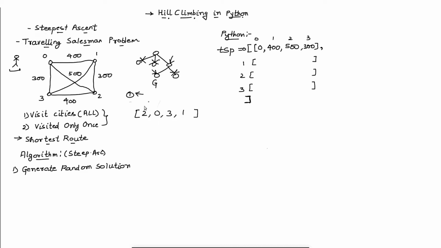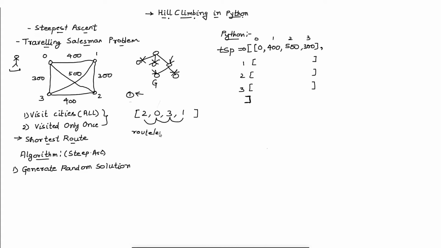So this is the random solution where the salesman will first visit city number 2, and then city number 0. After visiting 0 he will visit 3, and then after visiting 3 he will visit 1. So the salesman will visit the cities in this order, and you can calculate the route length in this case.